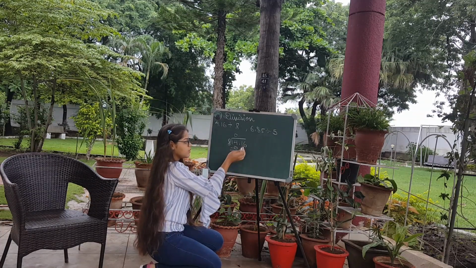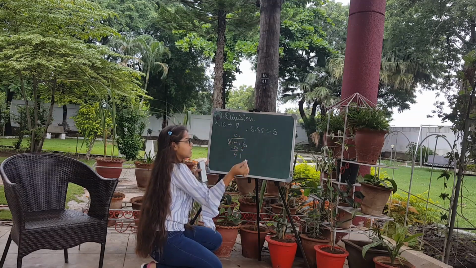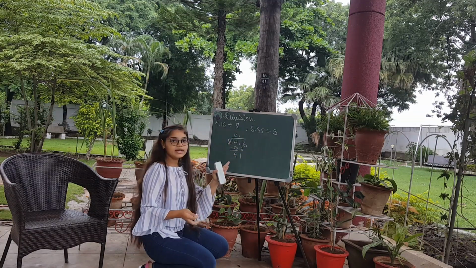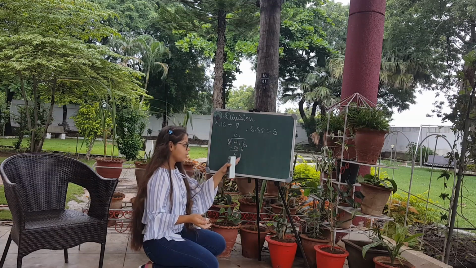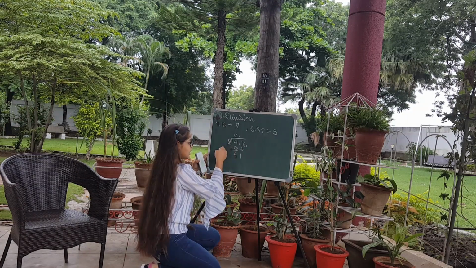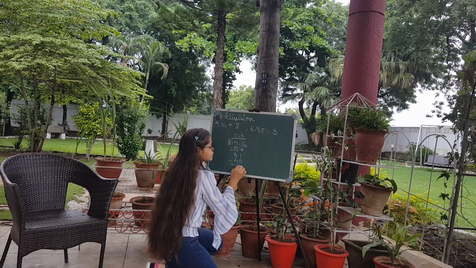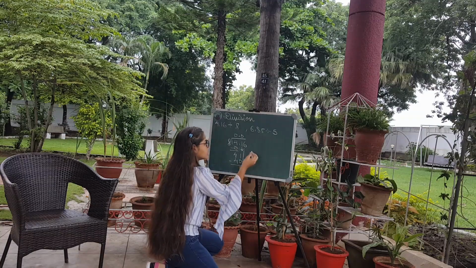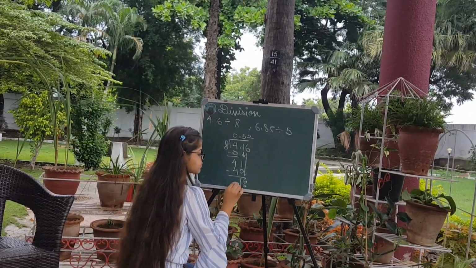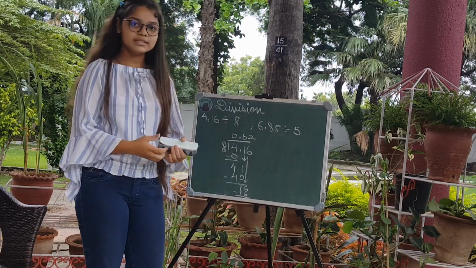Here in between we have the decimal point, so we have to put the decimal point above as well. When we take a digit after the decimal point down, we have to put the decimal point in the quotient. Okay, here we have 41, 8 5s are 40, 8 2s are 16. Here we get 0.52 and that is the solution.